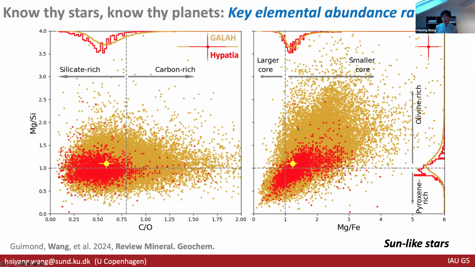For the y-axis, the magnesium to silicon ratio can tell you further about what kind of mineral you could develop if you know that the planet is silicate dominant. With a higher magnesium to silicon ratio, you might develop olivine minerals, or otherwise pyroxene minerals.